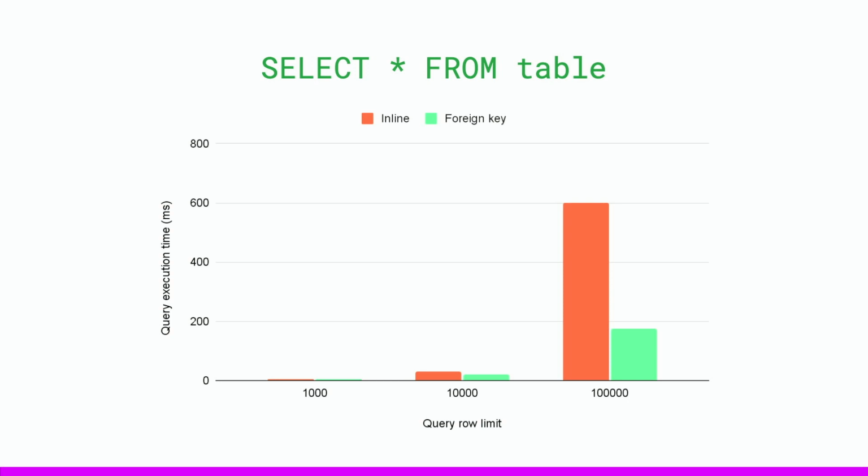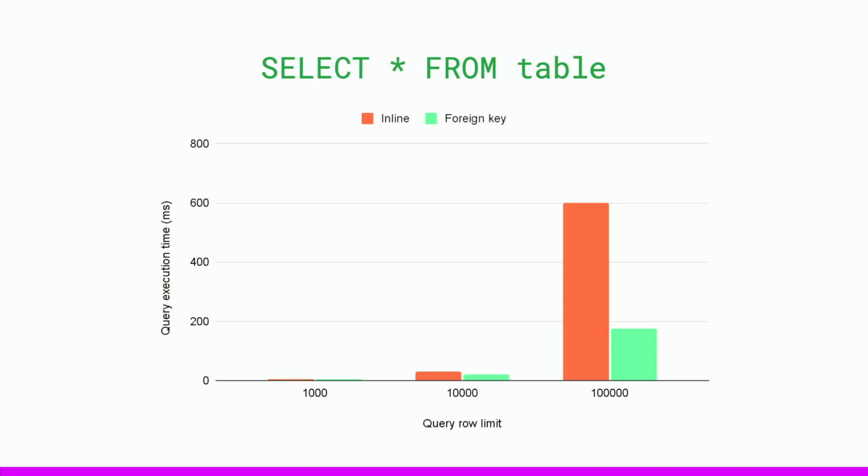So if we want to list the tweets and we have a table that includes the content, when we have 1,000 tweets, it's okay. When we have 10,000 tweets, you know, we start seeing the difference. But when we go to 100,000 tweets, we can see that listing all tweets takes multiple times more time to get fetched from the database compared to just bringing everything in a table where I don't store the content.